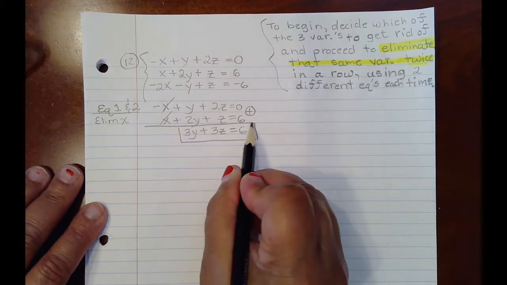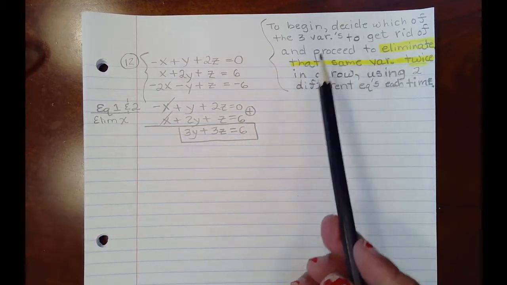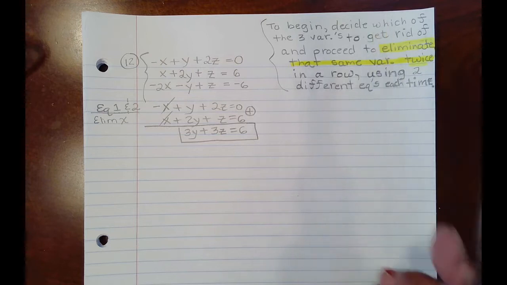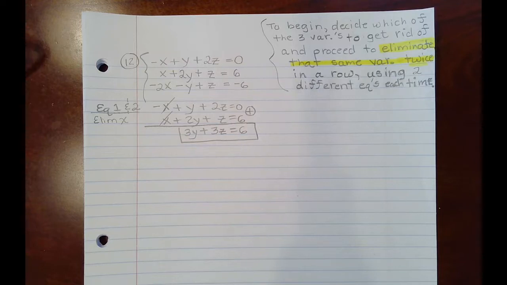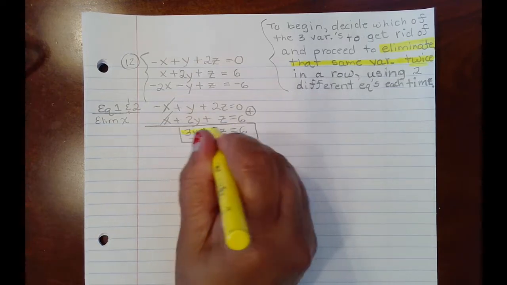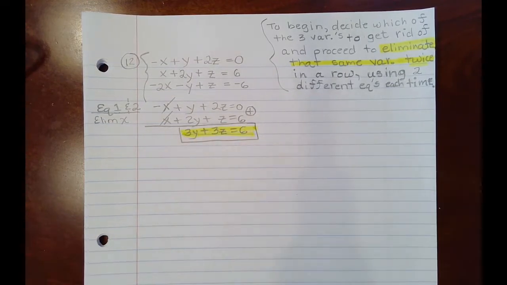Hold that equation. What you're trying to do by doing this is you're trying to create 2 equations that only have 2 variables. And then you'll work on that little mini system to find the values of the 2 variables. And then you'll go back to the main system with your 2 values and plug it into any of these 3 equations.